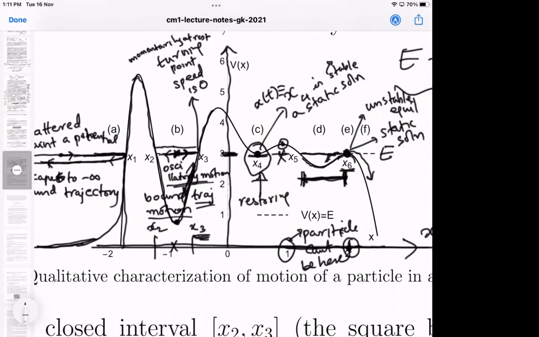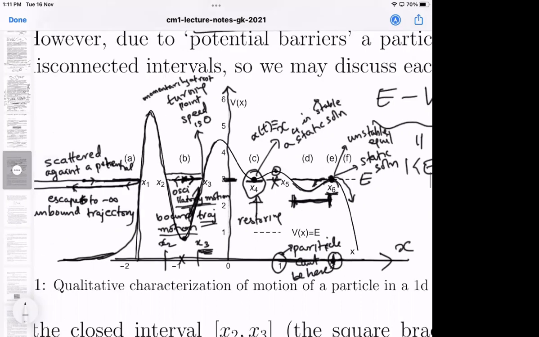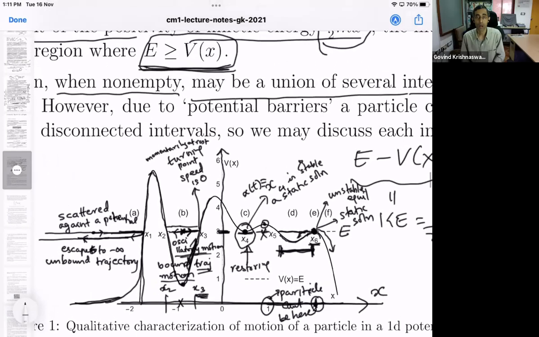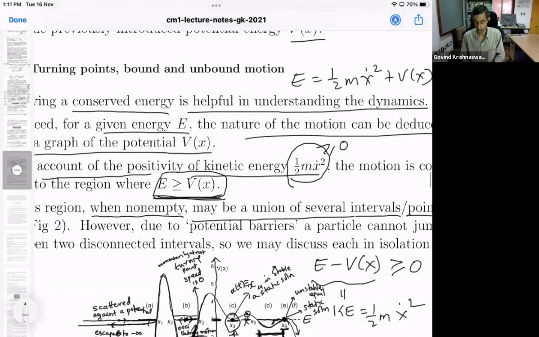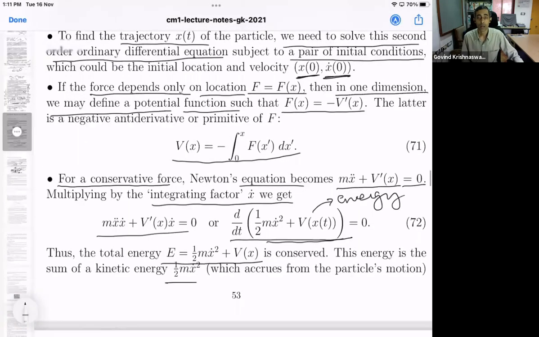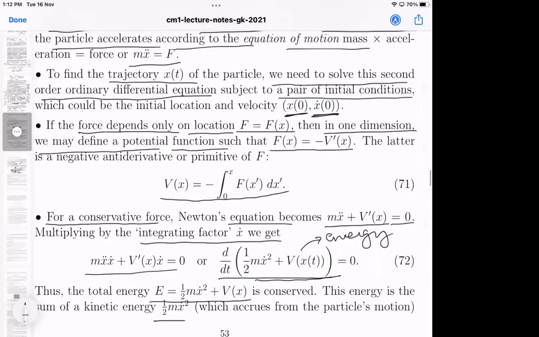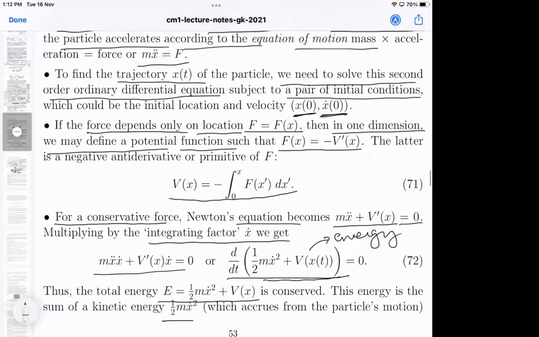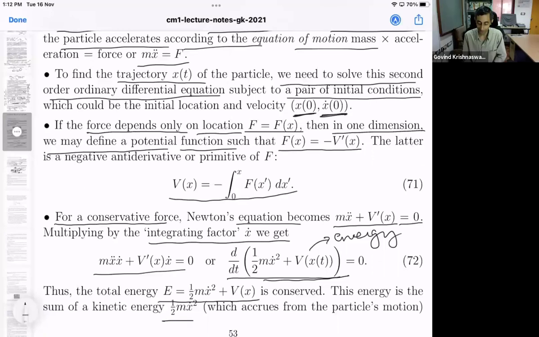Could you scroll up a bit? The previous page. Yes. Here, while we were defining potential V of x, won't we have to say it is V of x minus V of 0, because we haven't said anything? Right, you are quite right.